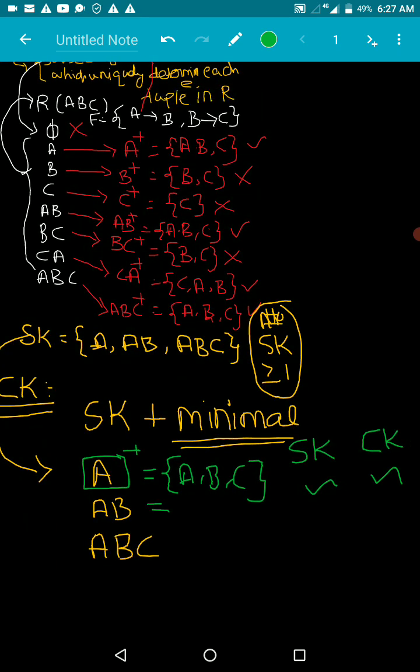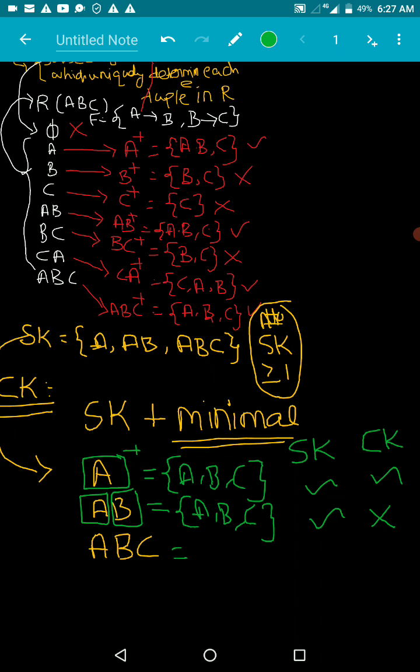If I eliminate attribute B, the single attribute A alone will determine A, B, C. Therefore, AB is a super key, but AB is not a candidate key because AB is not minimal, which means I removed attribute B. The remaining attribute A alone will determine all other attributes in the given relation. Therefore, AB is not a candidate key.